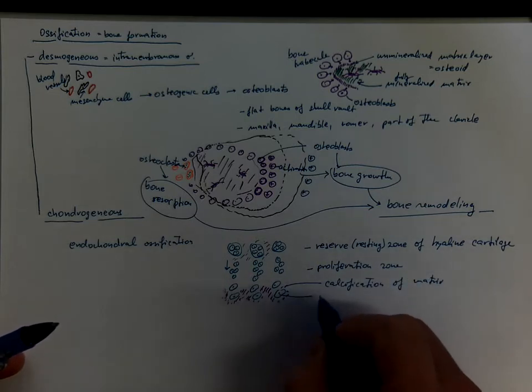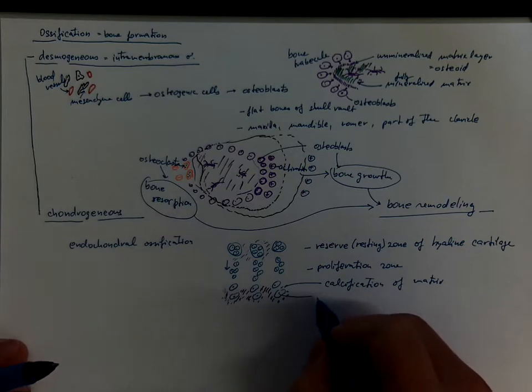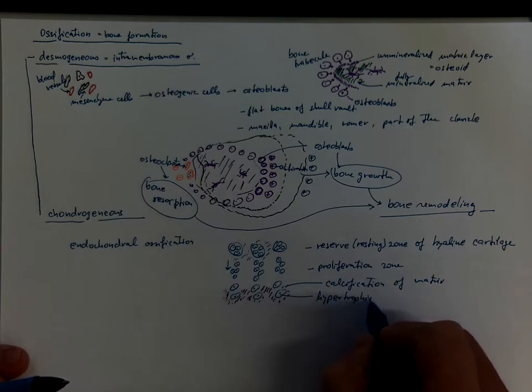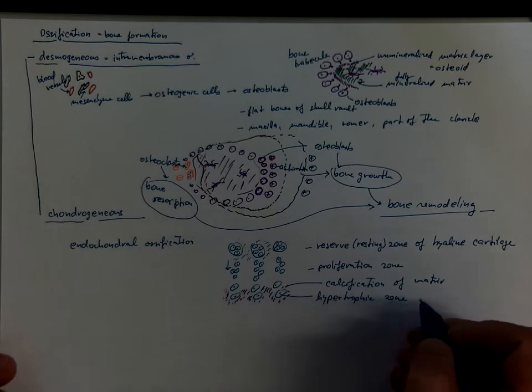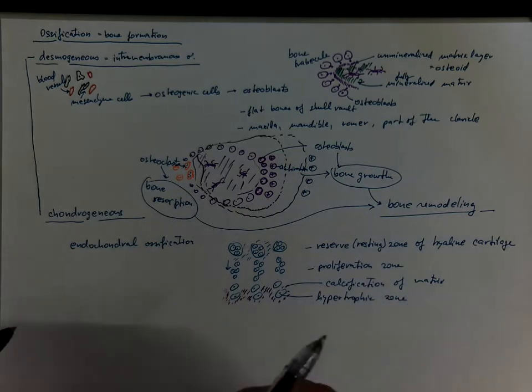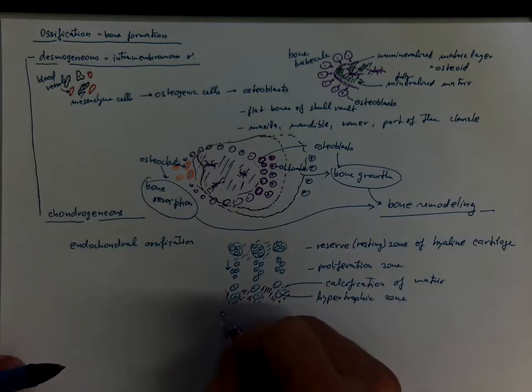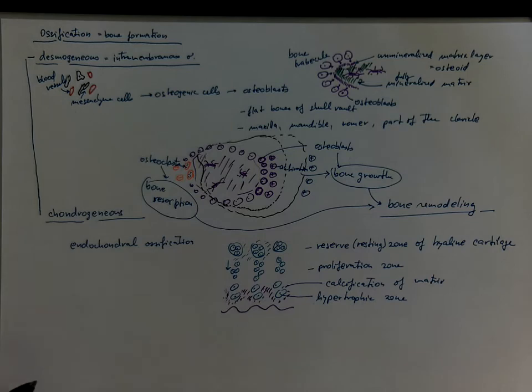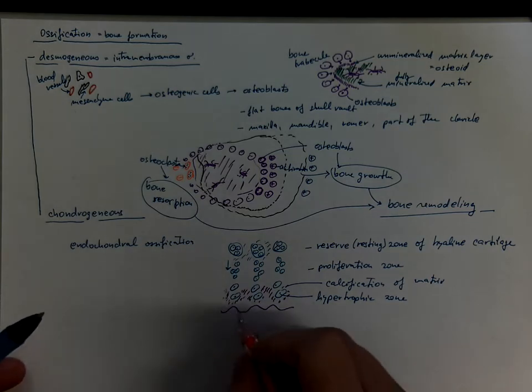And this is accompanied by the hypertrophy, increase in volume. We call that zone of hypertrophy. This ends with the activity of cells that will resorb the cartilage. Similarly to osteoclasts, these cells are called chondroclasts.